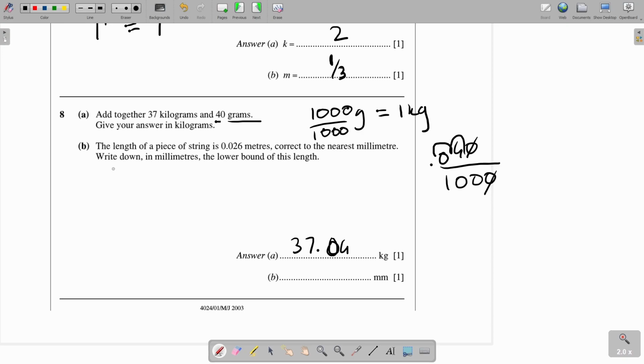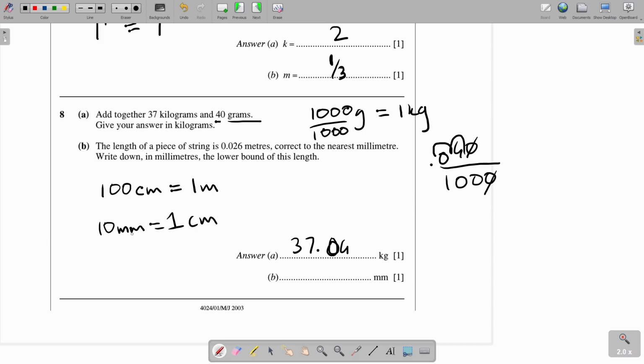All right, the length of a piece of string is 0.026 meters, correct to the nearest millimeter. Write down in millimeters the lower bound of this length. So again, 100 centimeters equals 1 meter. And then I think 10 millimeters equals 1 centimeter.